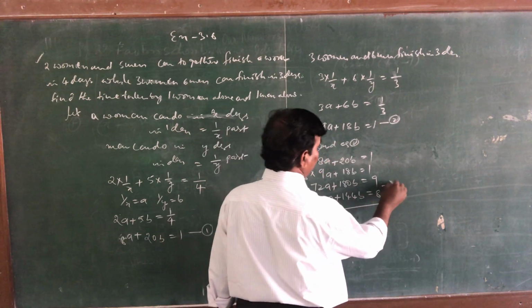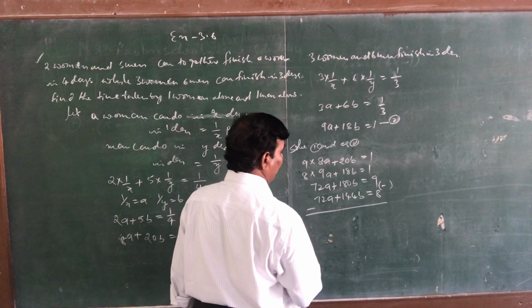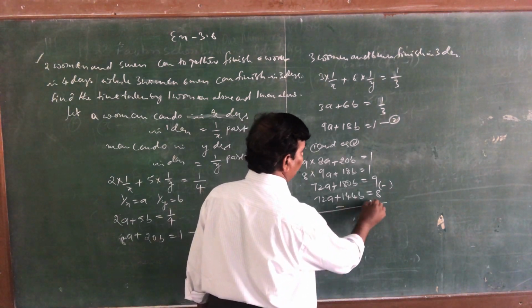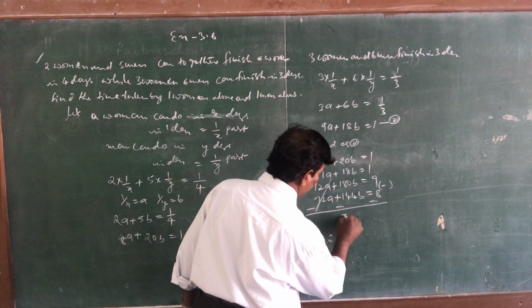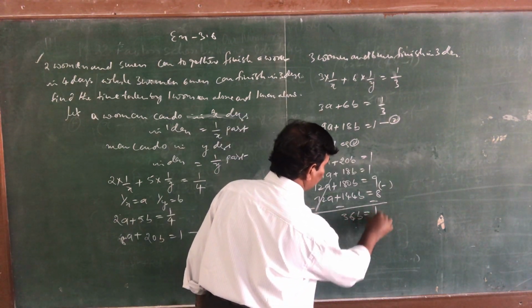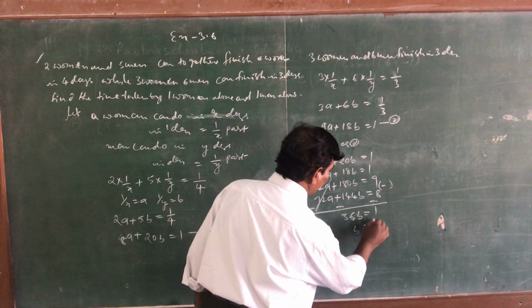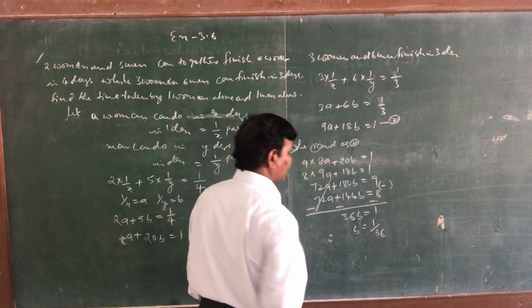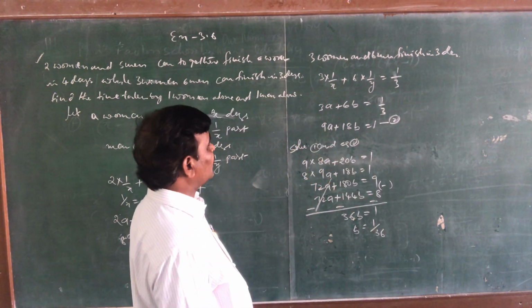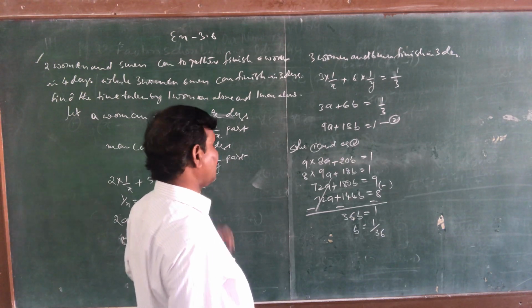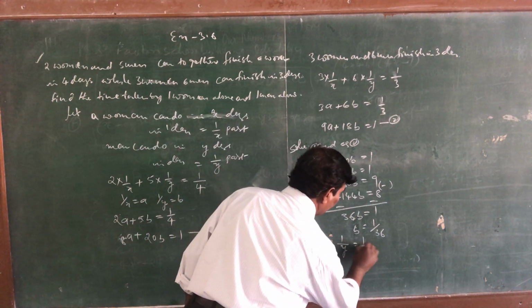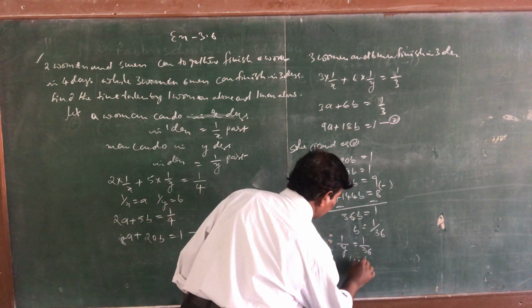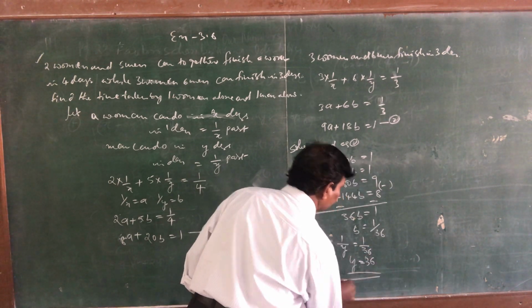In the subtraction, what will you get? 72A minus 72A cancels. 180 minus 144 is 36B is equal to 1. B is equal to 1 by 36. What is the B we have denoted here? 1 by Y. Therefore, 1 by Y is equal to 1 by 36, so Y is equal to 36.